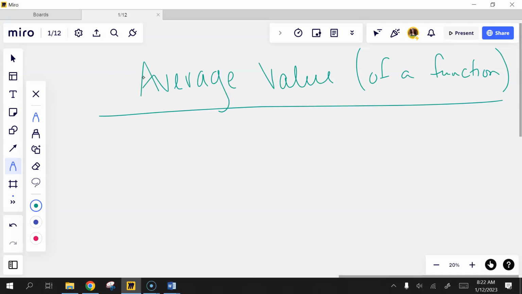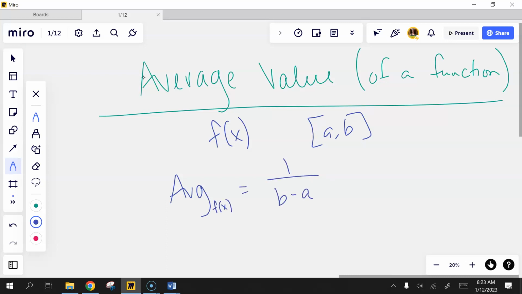If I'm talking about f of x and I ask what's the average value of f of x on the interval from a to b, I would do 1 over b minus a times the integral from a to b of f of x. That is all average value is.